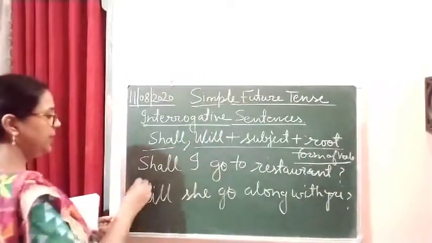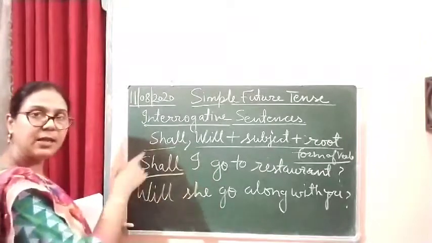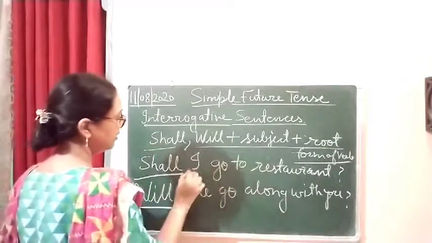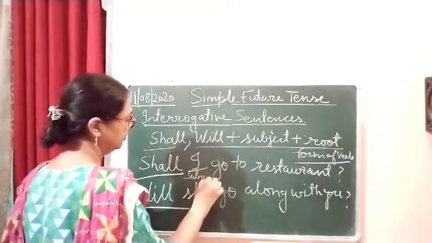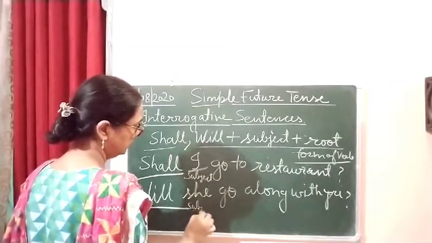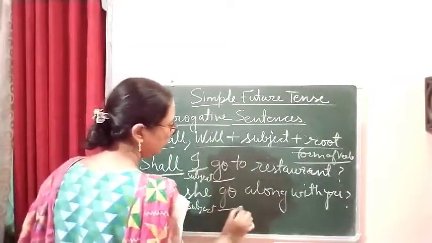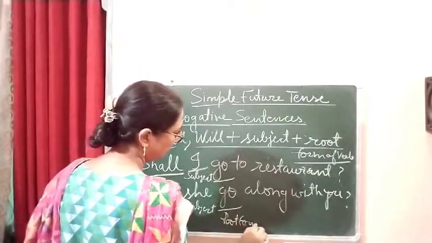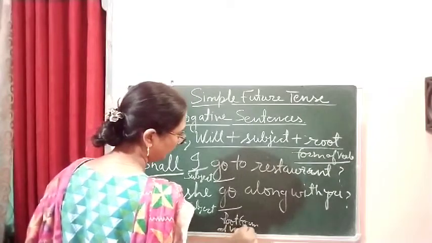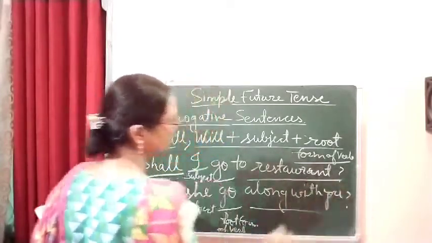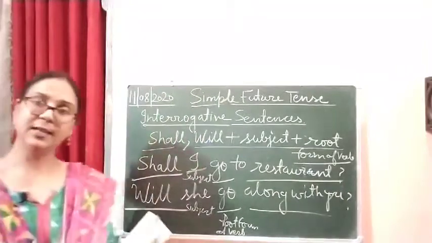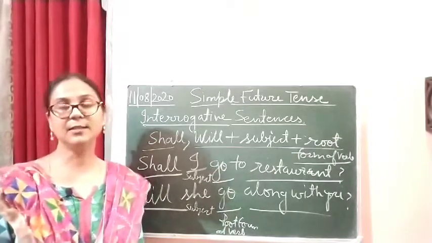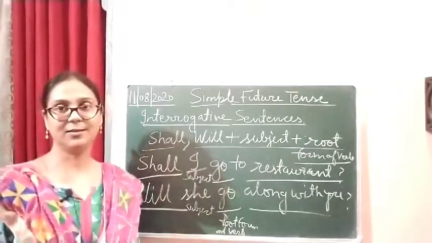So here I have placed shall at the first place, then the subject, and then the root form of the verb, and then the other words of the sentence. So this is how we can make interrogative sentences in simple future tense.